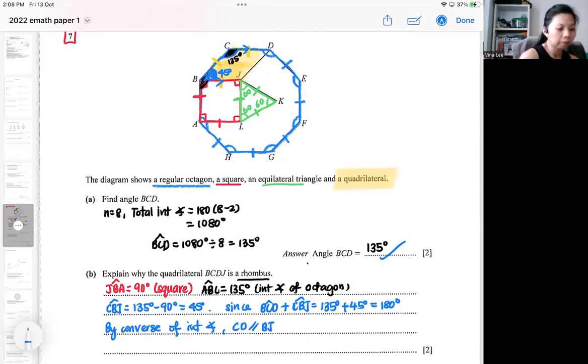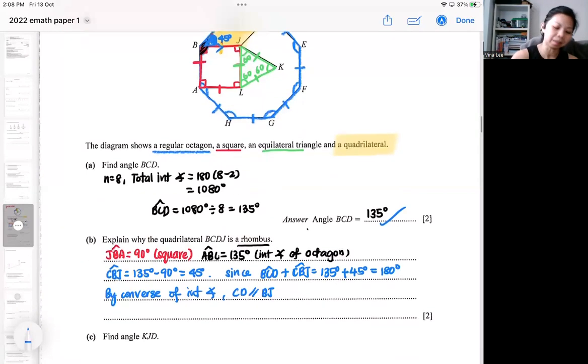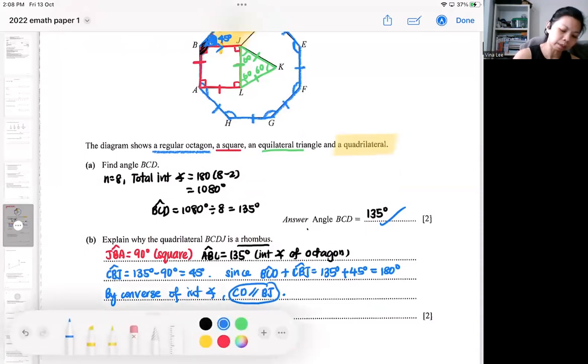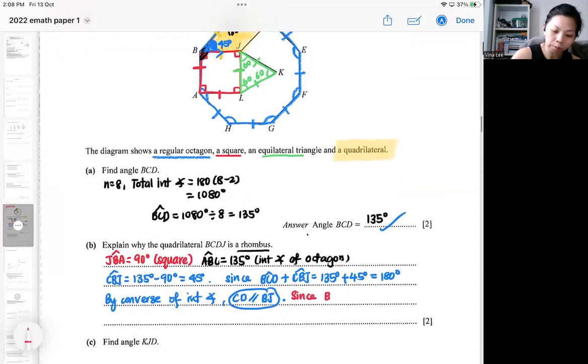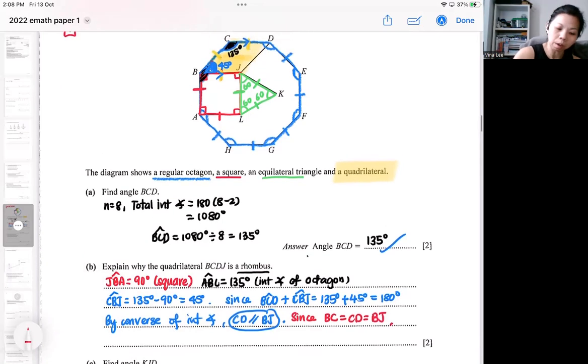Okay, and then after that, I need to prove the second line parallel, but because all the sides are already the same, we already discovered that all the sides are the same due to all the polygons that have been there. So the opposite will also be the same length.